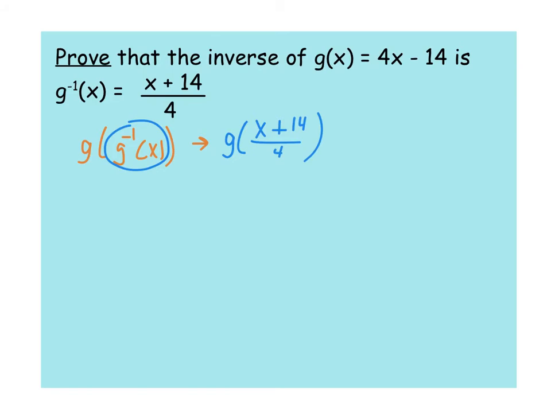All I did so far was replace the inside function. Now I'm going to take a look over at the rule. I'm doing g of something, right? G of something says 4 times that something minus 14.